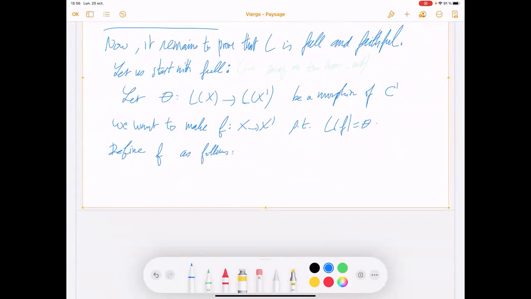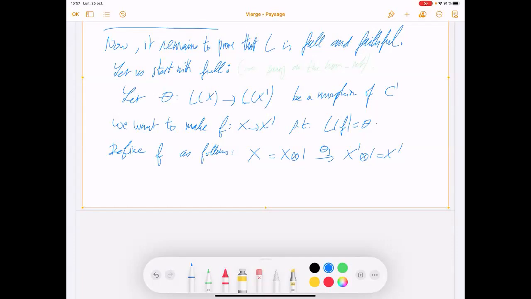So you start from X, which is equal to X tensor 1. You apply theta 1, the morphism here. Morphisms in this category are natural transformations in C. So you can apply theta 1 here, and you get X prime tensor 1, which is equal to X prime, by convention again.